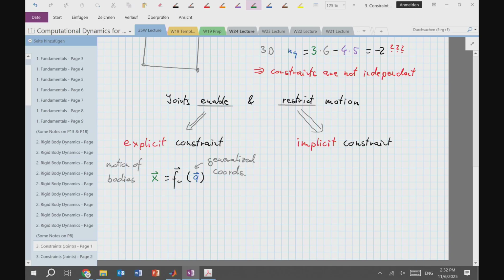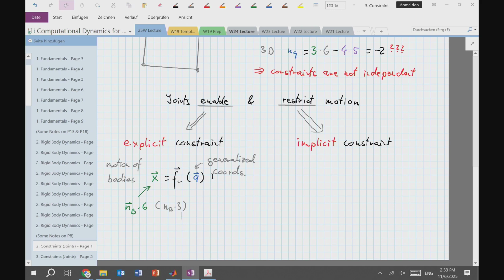And here we have nb times 6, or in the 2D case, nb times 3 variables. Right? And without going into the specifics, this vector x for each 3D body should somehow encode 3 translations and 3 rotations. For each 2D body it should encode 2 translations and 1 rotation.